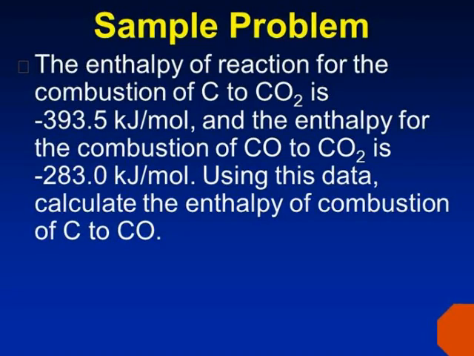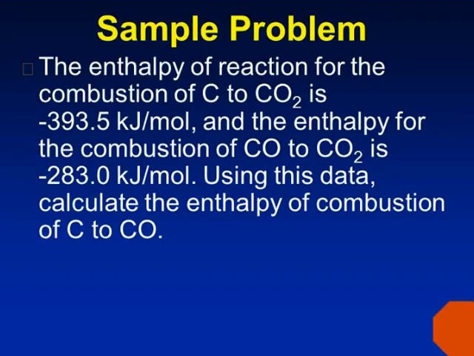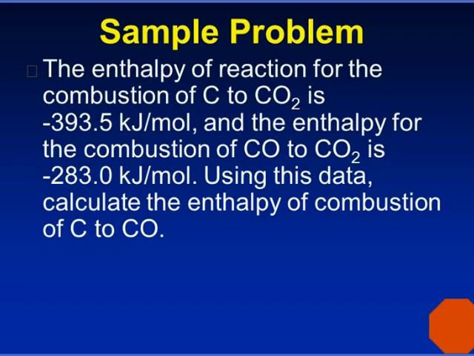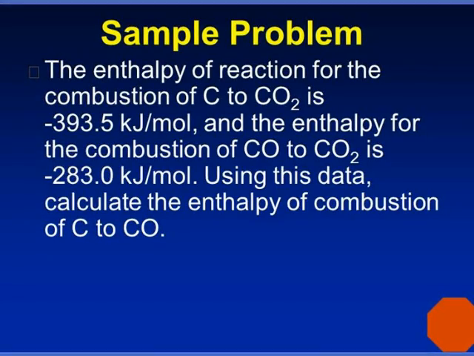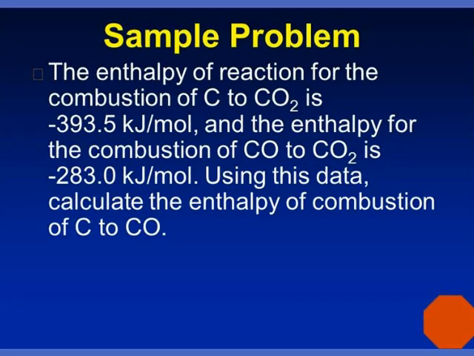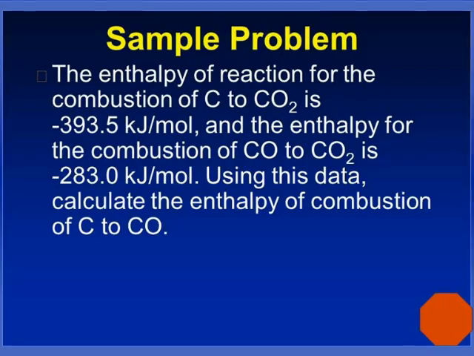We have a combustion of carbon to carbon dioxide, so reacting C with O2 to make CO2, and the delta H is given. Combusting CO to CO2 is given. We can use those two values to figure out the enthalpy of combustion, or the heat change during combustion, of carbon to carbon monoxide.